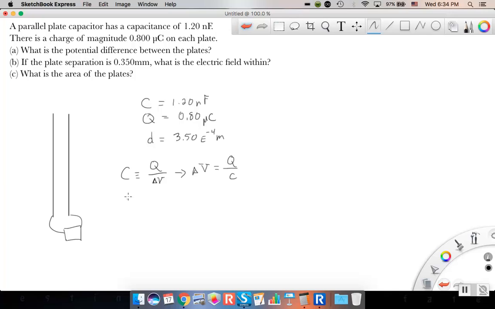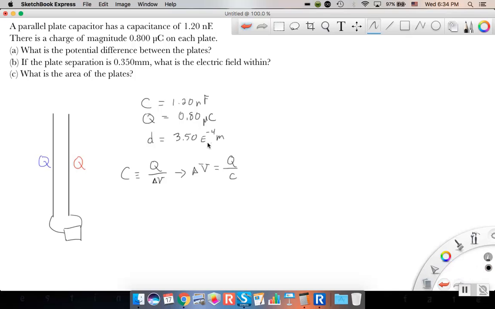Now, remember that this Q represents some amount of charge on one plate and the equal amount of opposite charge on the other plate, right? So you don't have to worry about both of these Qs, because it represents the amount of charge that was removed from one plate and put on the other plate, right?